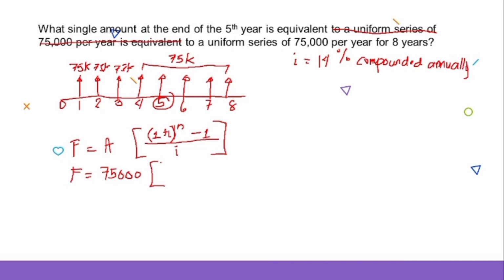So that would be 1 plus the interest, 1.14 raised to 8 years minus 1 all over our interest 0.14.